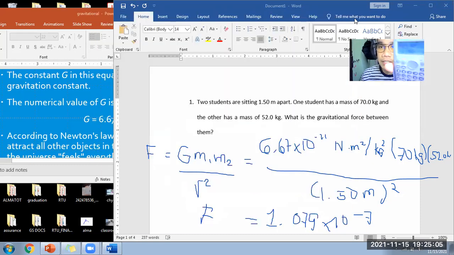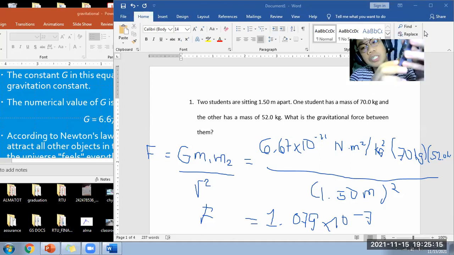Ayan, kung nakikita nyo sa screen, ito yung sagot. So parang kukunin nyo siya sa cellphone, sa calculator nyo. So pindutin lang muna natin 6.67. So meron dito kasi exponential function yung calculator.